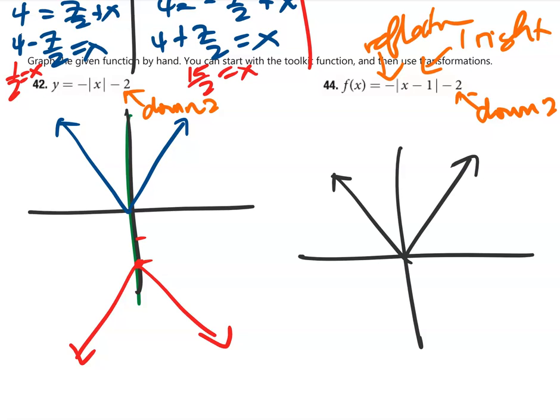So let's do that. You move it 1 to the right, then down 2, and then a reflection, something like that.